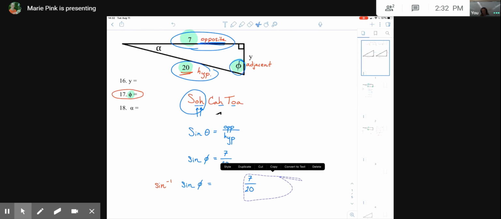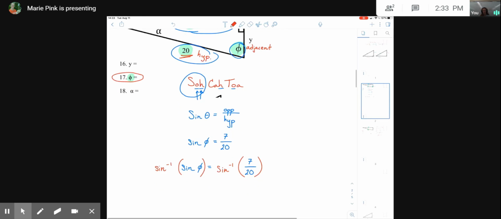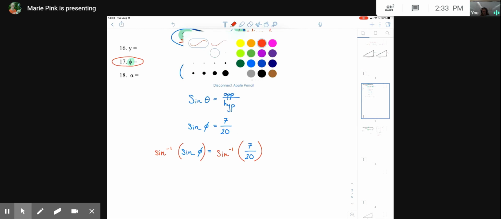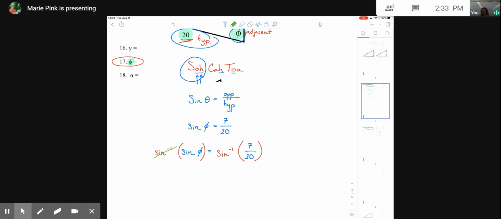All right. So sine to the -1 of this, and the inverse sine of that. So just like when you are canceling stuff out, now I can cancel this out. So I'm going to cancel the inverse sine with the sine. And I'll be left with phi on the left side.